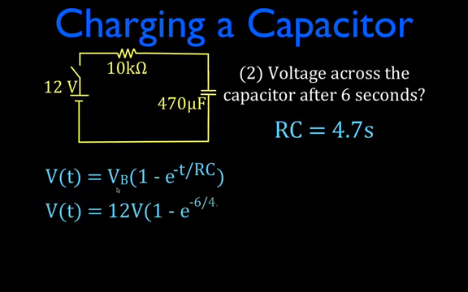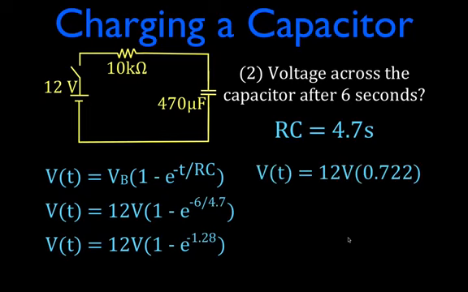12 volts for the battery, 6 seconds, T is the time. RC is the time constant, which is 4.7 seconds. And then we get that's 12 times 1 minus e to the power of minus 1.28.